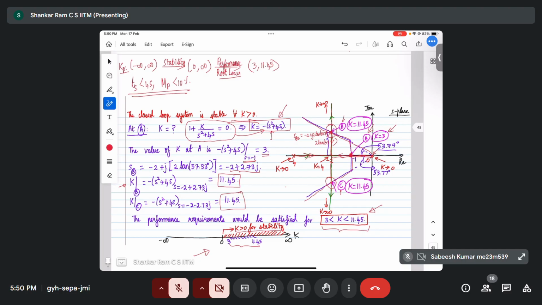Okay, Sir, I have a question over here. Suppose I'm not aware of the root locus method for finding this range of Kp over here.